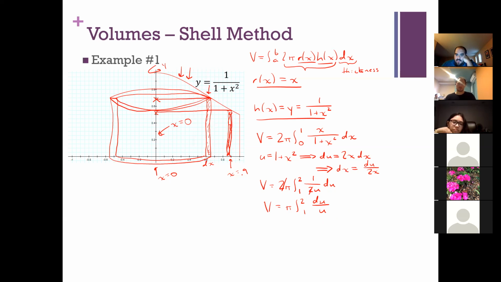What is the integral of du over u? That's the natural log. So we get pi times the natural log of u from 1 to 2. So I get pi times the natural log of 2 minus the natural log of 1. So really our volume is just pi natural log 2.